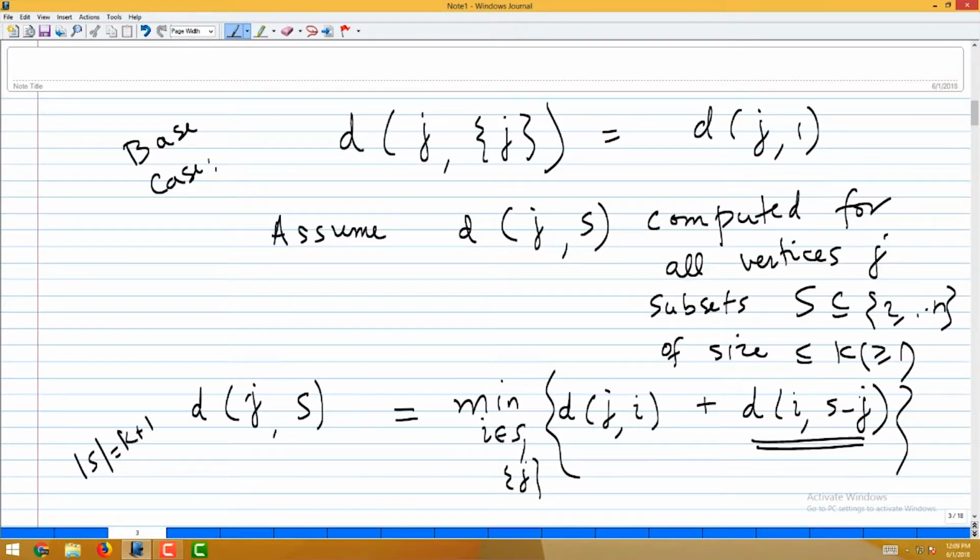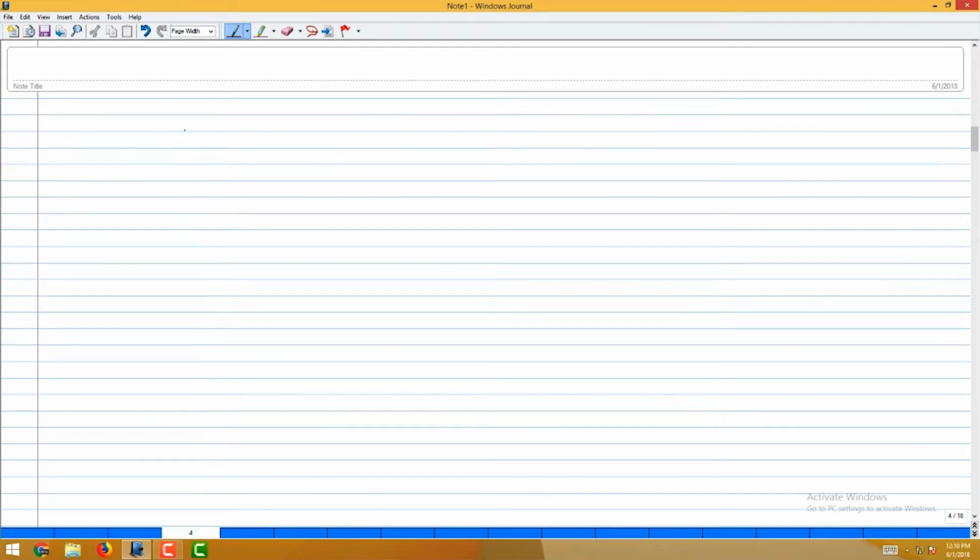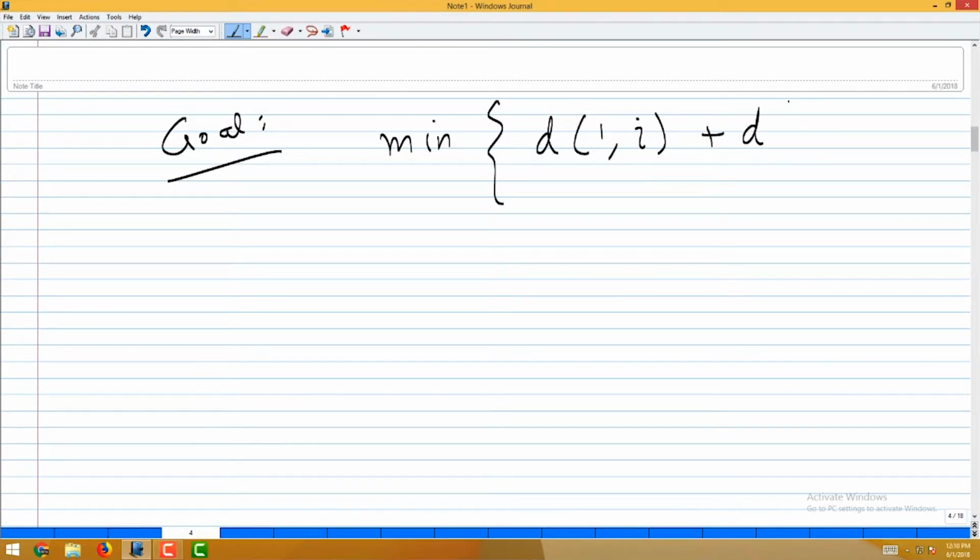And what is my final answer? I want a Hamiltonian cycle. So, what is my end condition? The final answer would be the minimum over i: I want to start from 1 and go to some i, and then I compute d(i, V minus 1).